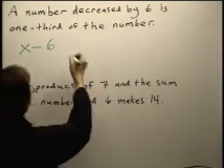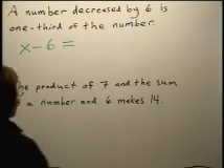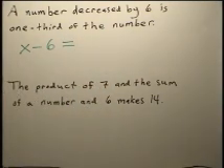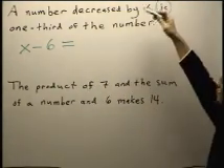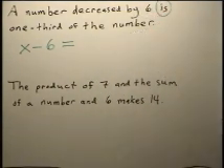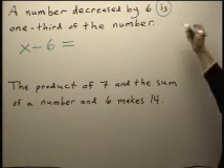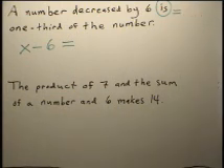Is means that it is equal to what we say next. And anytime we have a word that makes 2 quantities have the same value, we can translate that as equals.